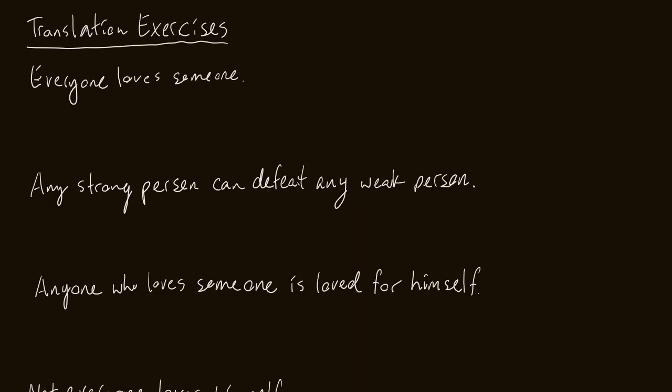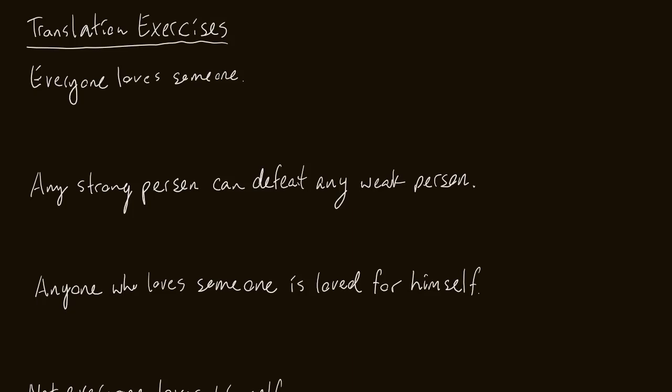So everyone loves somebody. To me, that means, okay, then for all x, if x is a person, then there would exist a y where y is a person and x loves them. So that's kind of my train of thought. Now we have to think about how to put that into symbols. But luckily, I kind of said it out loud. It's as if I read the symbols out loud.